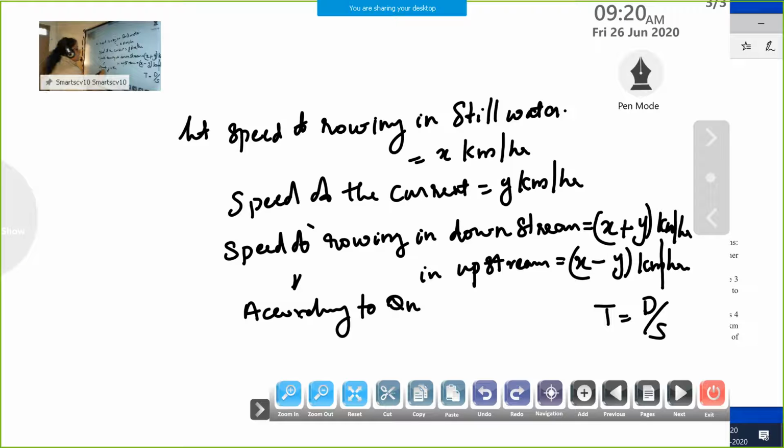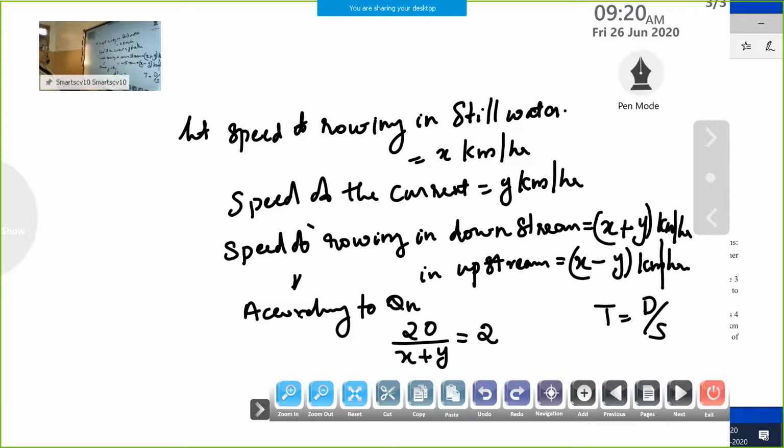Here distance is 20 kilometers divided by the speed. The speed of rowing in the downstream, that is x plus y, gives 2 hours. 20 divided by x plus y is equal to 2 hours.